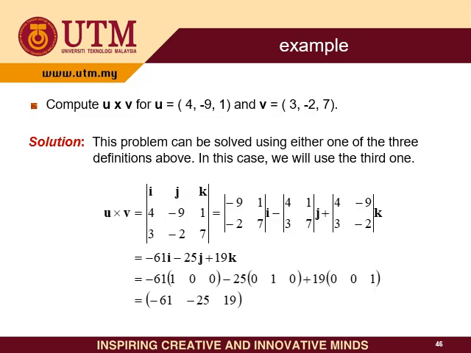This example asks us to compute the cross product for vector u and vector v. So this one using the third way, using a 3 by 3 determinant. So the cross product for u and v is presented by i, j, and k here, for each v1, v2, v3, u1, u2, and u3.